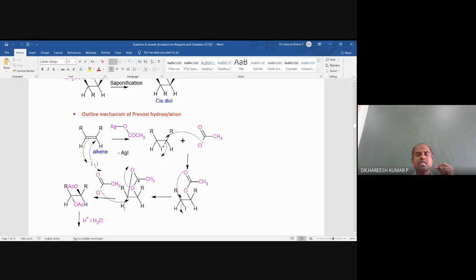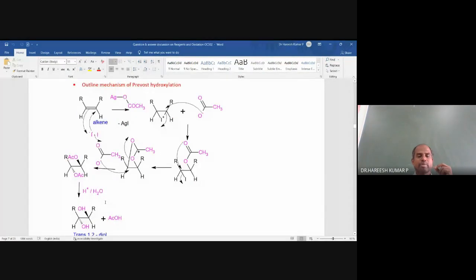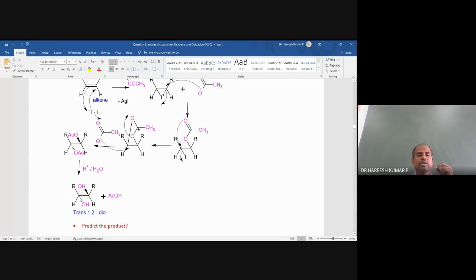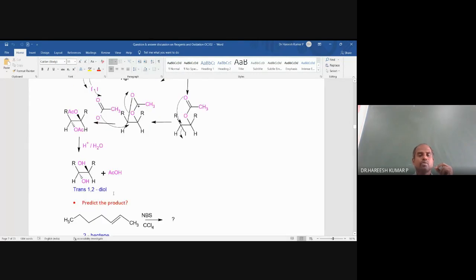Since there is a capture of proton, this bond is taken up by acetate itself. And that means it is possible to form diacetate. So in the Woodward hydroxylation, hydroxyacetate is the intermediate, but here diacetate is the intermediate. Diacetate on saponification will give you trans 1,2-diol.